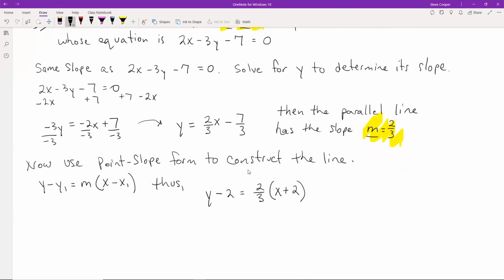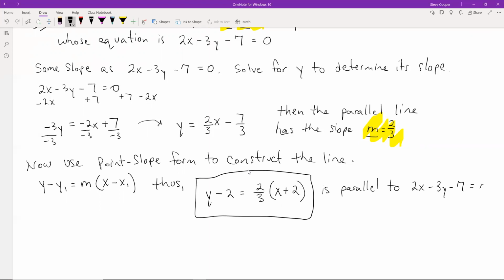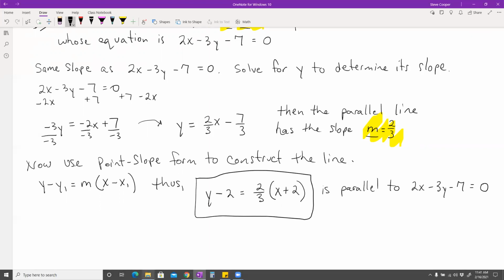And now we know this is parallel to 2x minus 3y minus 7 equals 0.